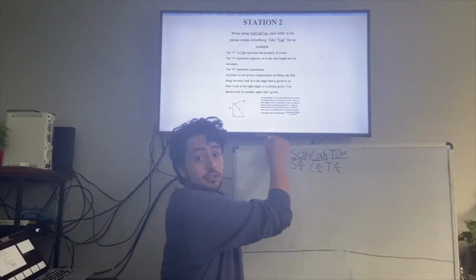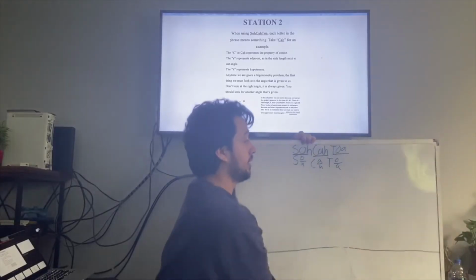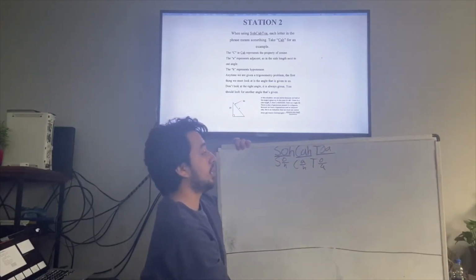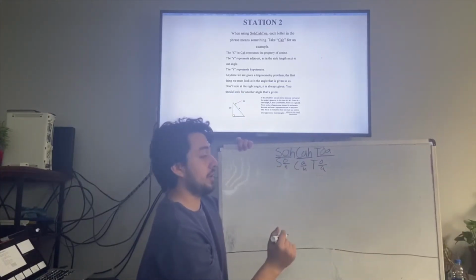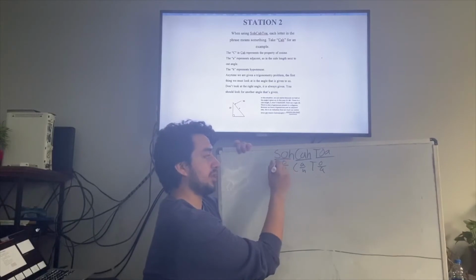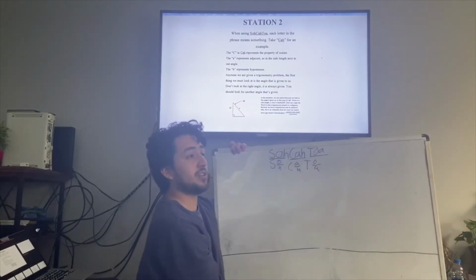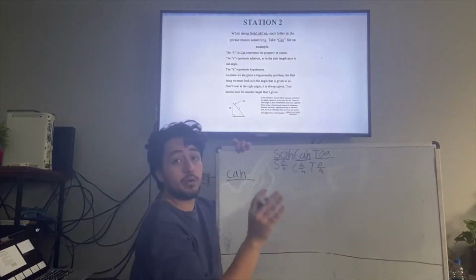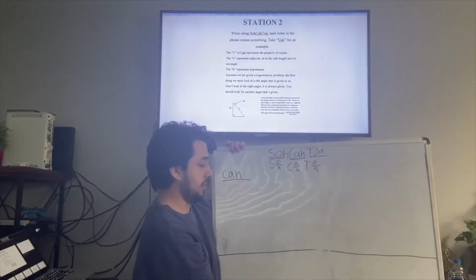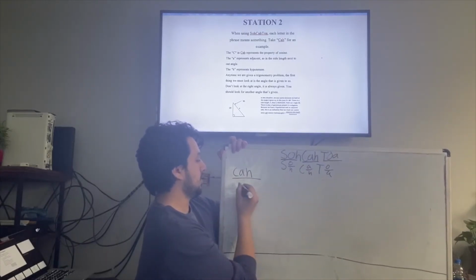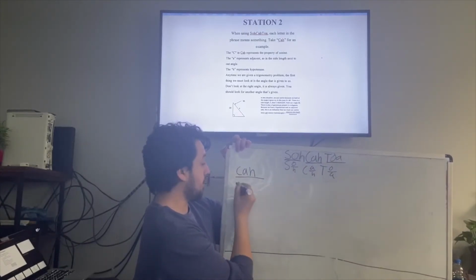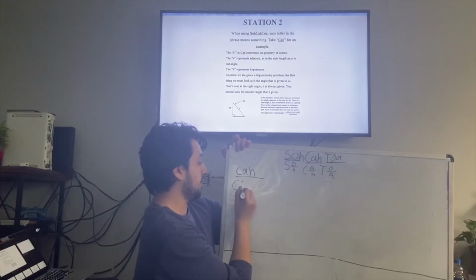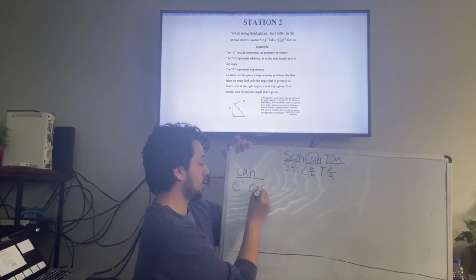Okay, that was station 1, which centered around sine, which is our SO property in SOHCAHTOA. Now we're going to focus on CA. Remember, write this on your notes just as I'm writing it. Now, as you probably could imagine, our C represents cosine.